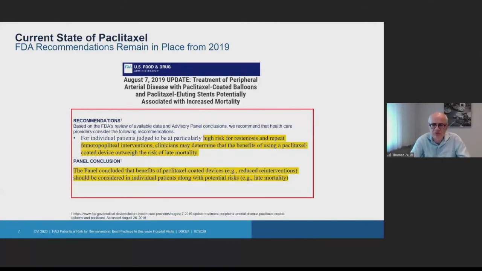So let's start. What's the background of the entire session? It's basically the FDA announcement and recommendation, which is almost 1 year old now, and it was not changed since August 2019, recommending that drug-coated devices, either balloons or drug-eluting stents, should only be used for patients at high risk for restenosis and repeat femoropopliteal interventions.